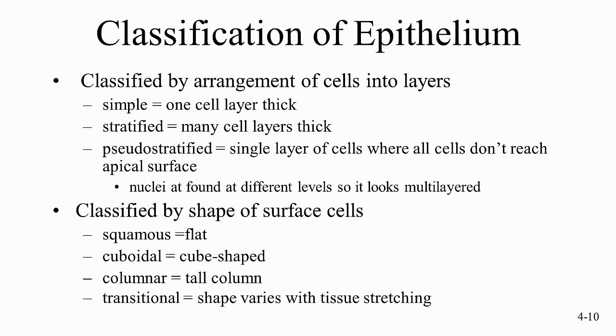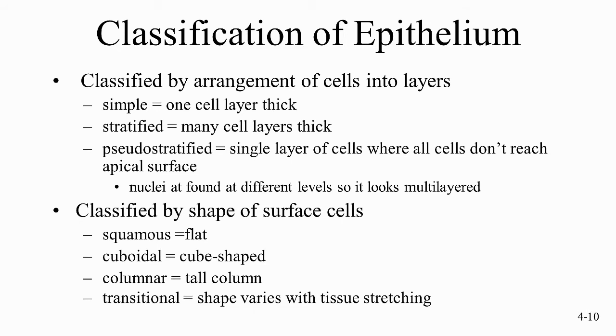So which cell type is that going to be? If you guessed squamous, you're correct. So it goes from squamous to, when you empty the bladder, it puffs back up into kind of this irregular cuboidal shape. And so it's going to transition from flat to kind of puffy. I always think they look like kind of puffy little marshmallows. So that's why we call it transitional. Depending on whether it's stretched or not, it's going to transition from one shape to another.